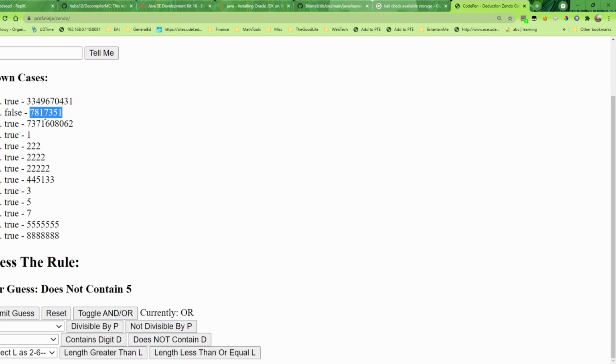How did this come out as false? It just felt like it. Just felt false. Maybe it's not equal to 7,817. Perfectly fine rule, very consistent with all we have observed.